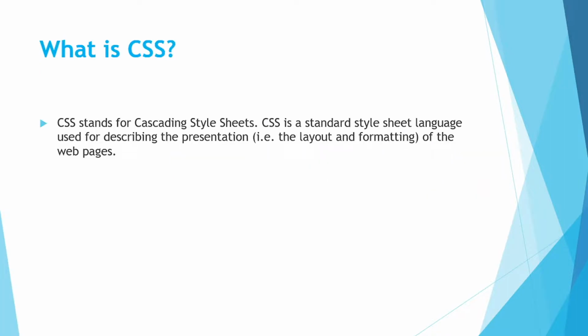So what is CSS actually? CSS stands for Cascading Style Sheets. CSS is a standard style sheet language used for describing the presentation, which means layout and formatting, of web pages. You have probably studied HTML, that's why you are here.